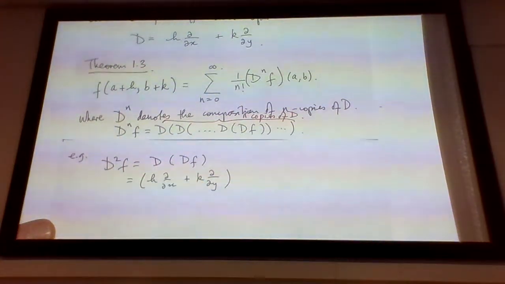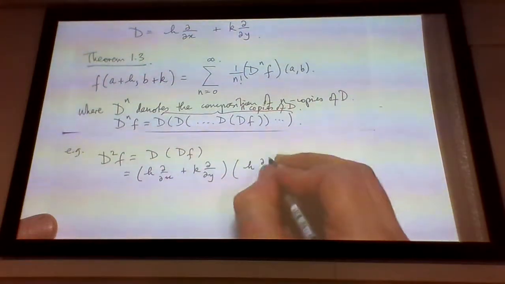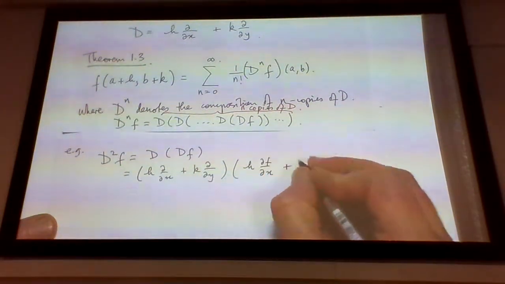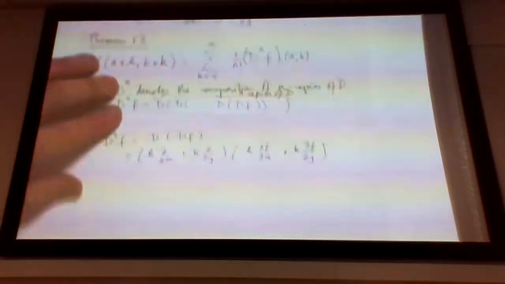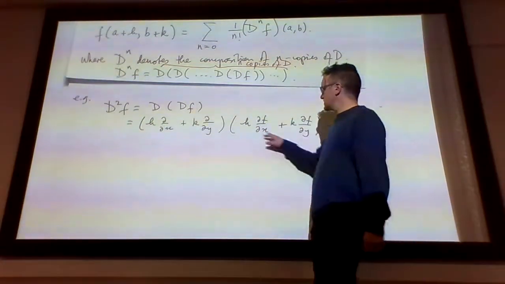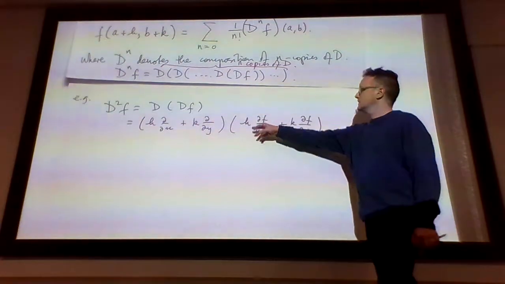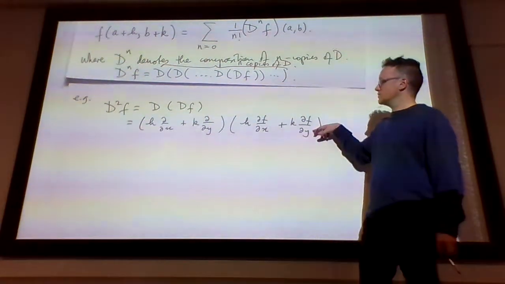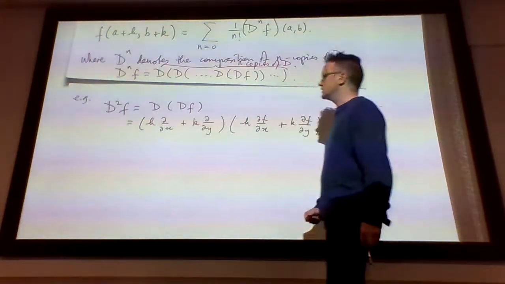That's the outer copy of D. The inner copy of D is applied to f, so we've got h ∂f/∂x plus k ∂f/∂y. But then to work out D squared, we then have to apply D to the result.